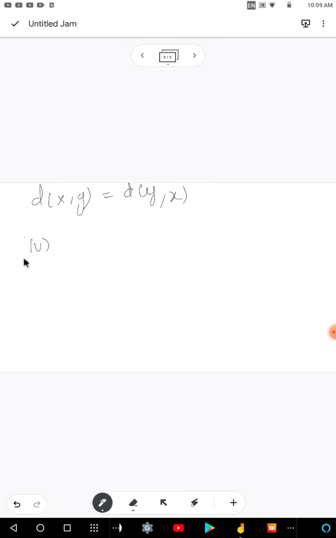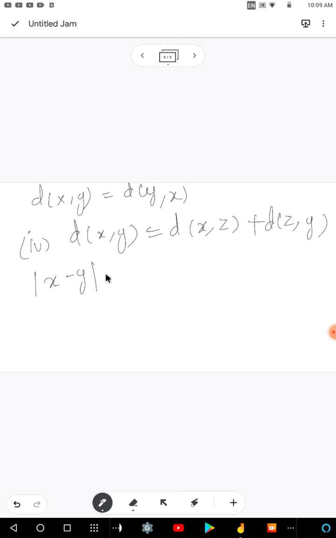What is the fourth property? Triangular inequality: d(x, y) should be less than or equal to d(x, z) plus d(z, y). Now, d(x, y) is modulus of x minus y, so if you add and subtract z, we know that modulus of a plus b is always less than or equal to mod a plus mod b.